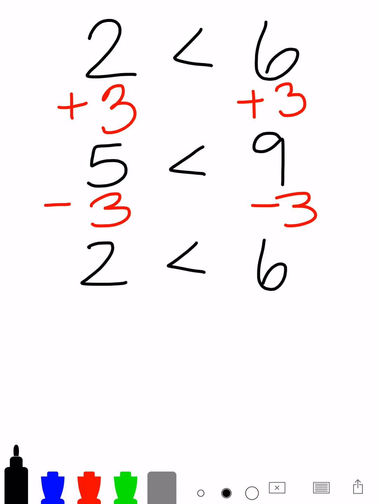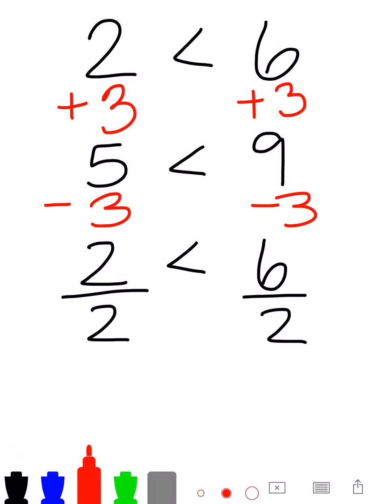So if I add or subtract something to an inequality that's already true, it's still going to give me a true statement. Let's say I divide by positive 2 on both sides. 2 divided by 2 gives me 1, which is less than 6 divided by 2, which gives me 3. 1 is less than 3.